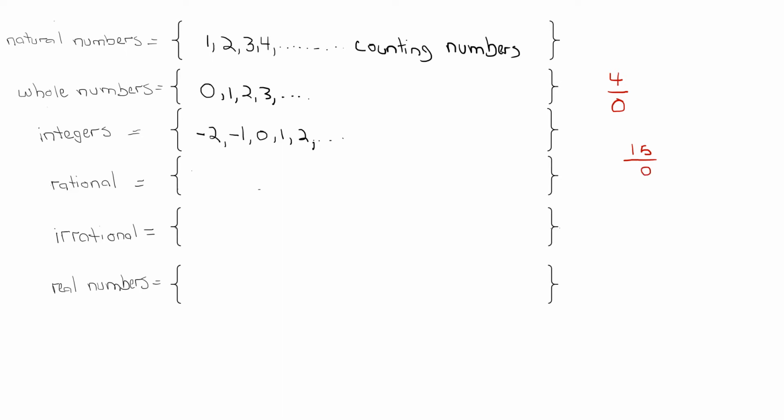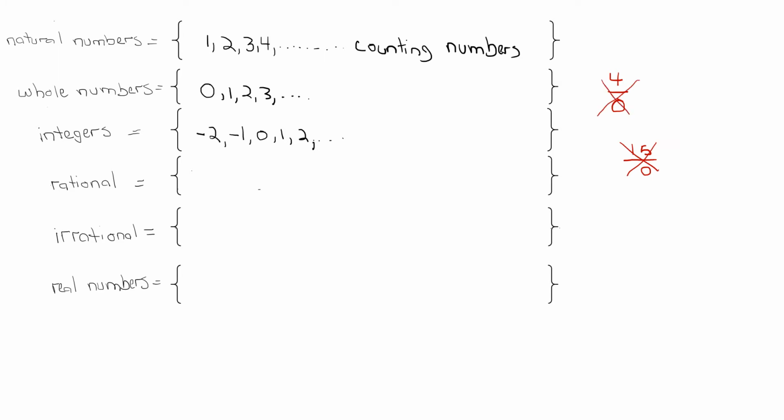Later on in your math journey, if you run into numbers like this, that means that you did something wrong, or that means that you're in calculus. But that's another story. We'll create a video for that. But right now, no, you cannot divide by zero.